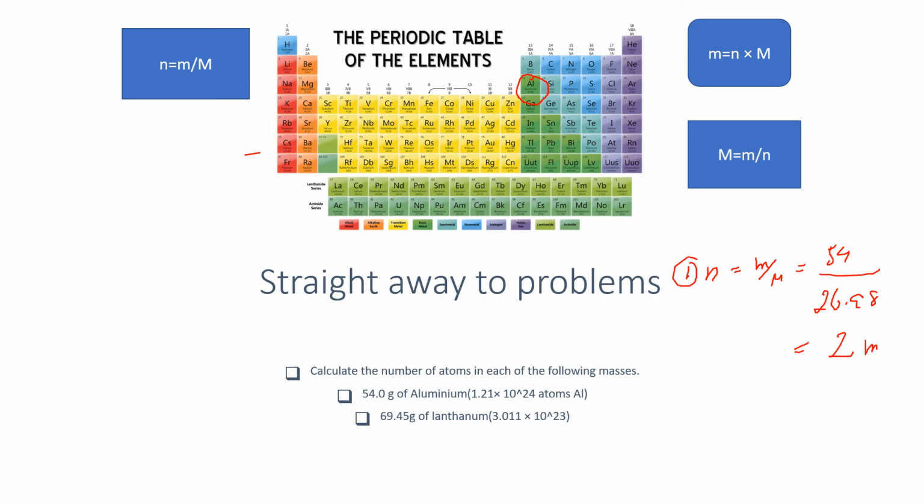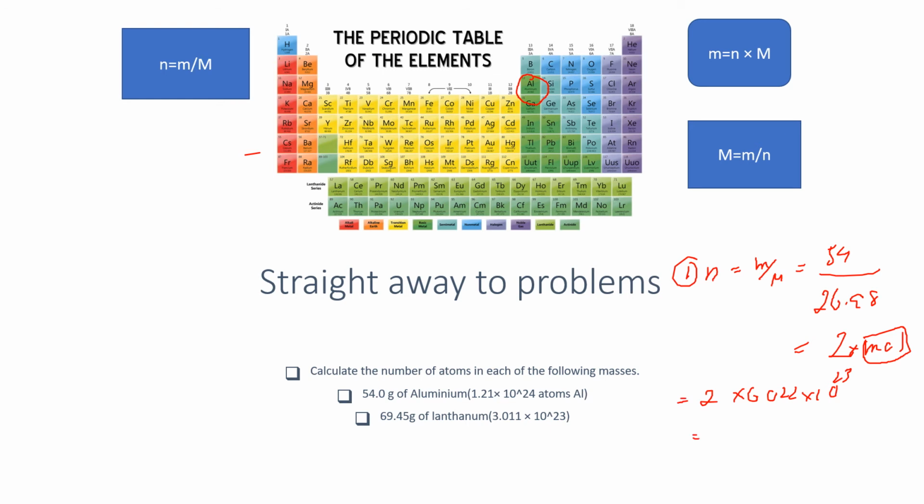So we have 2 moles. So number of atoms equals 2 mole. So 2 mole means 2 times mole. The mole is 6.022 10 to 23. So 2 times 6.022 10 to 23. 2 moles.